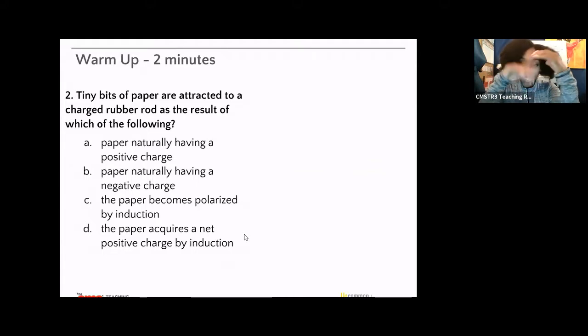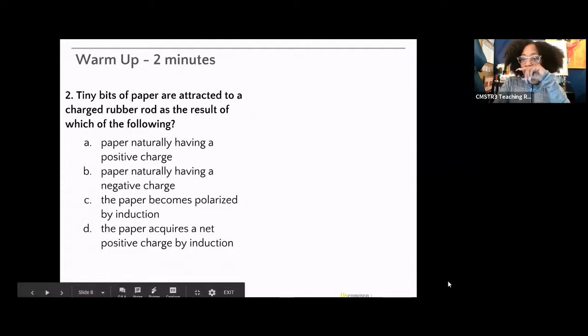If not, you can add your answer to the chat box as well. You can give 30 more seconds. I see some thinking. And again, you can answer in the poll or in the chat, whichever way works better for you.